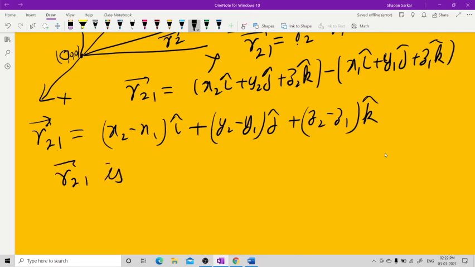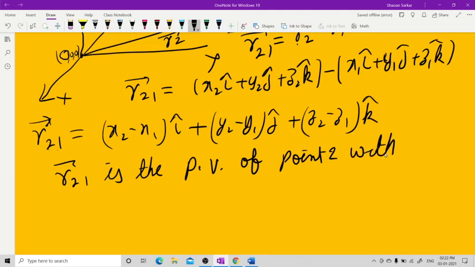R21 is the position vector of point 2 with respect to point 1.